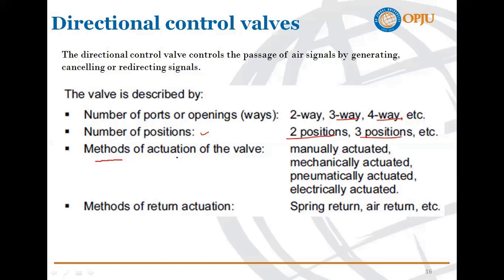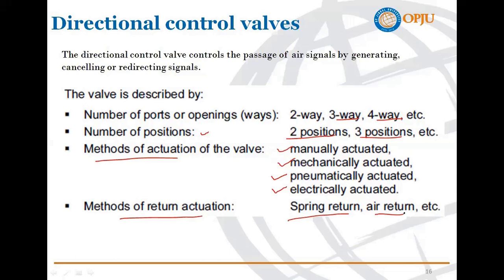On the basis of the method of actuation, we can operate the valve manually, mechanically, pneumatically by using air pressure, or by electrical actuation. Some valves have a return mechanism, so they are actuated by spring return, or by pneumatic or air return.